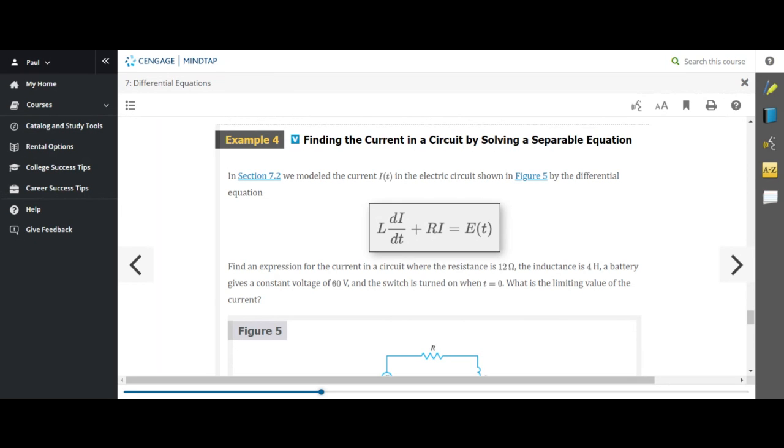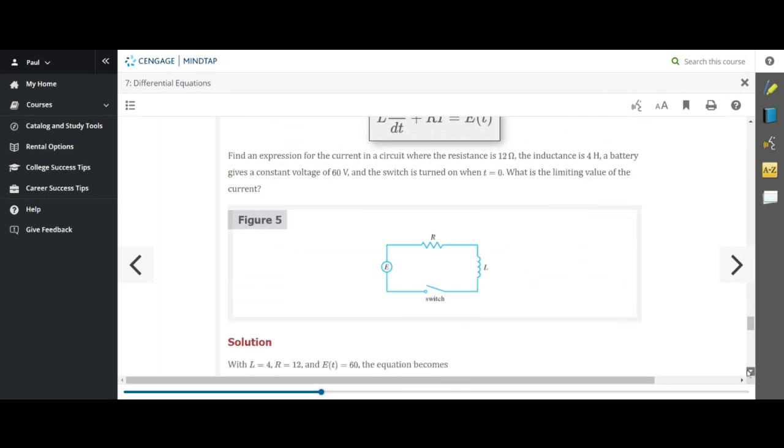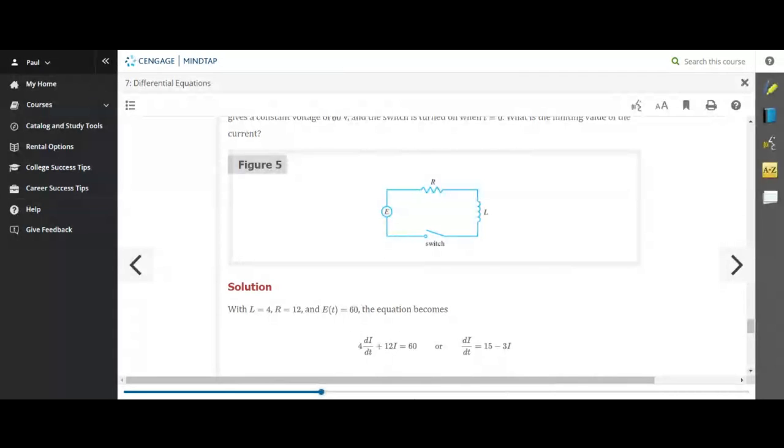That's called Kirchhoff's law, and it's a differential equation that can model the voltage and current, and capacitance, in a simple circuit.